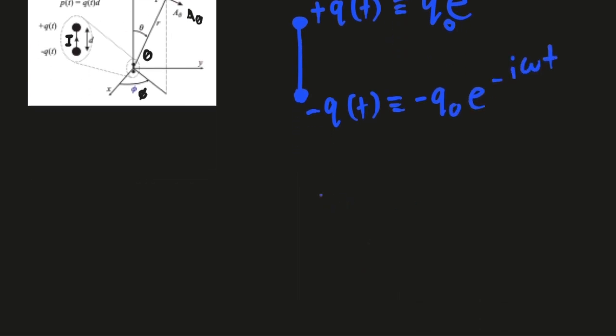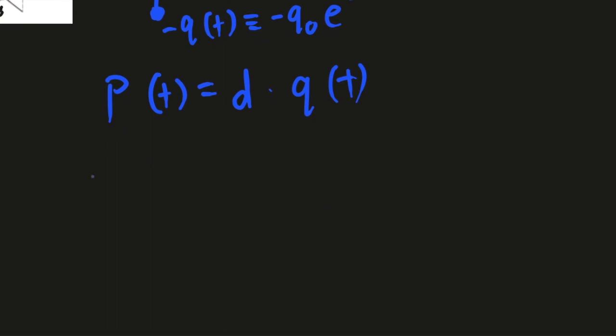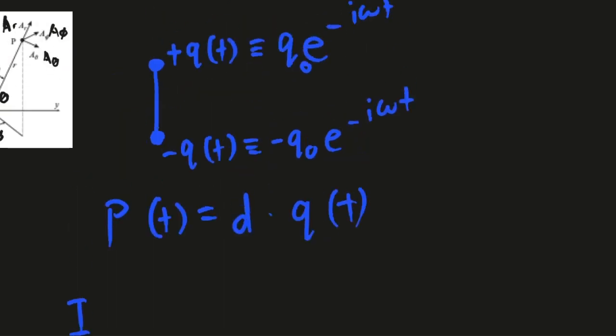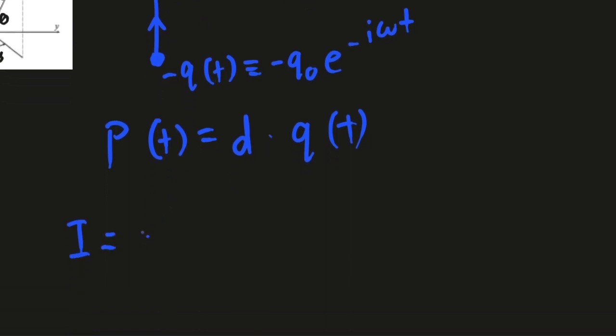Our dipole moment is the separation between them multiplied by the charge of each, and we have a current flowing between these two because their charge is changing. So the current is the rate of change of the charge, which is negative i omega q naught e to the negative i omega t.